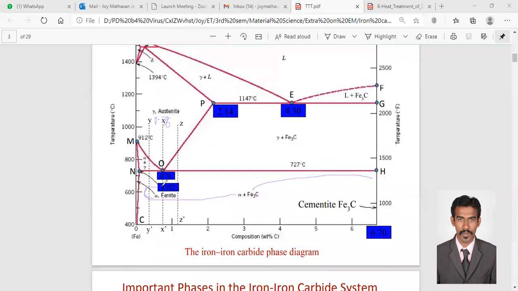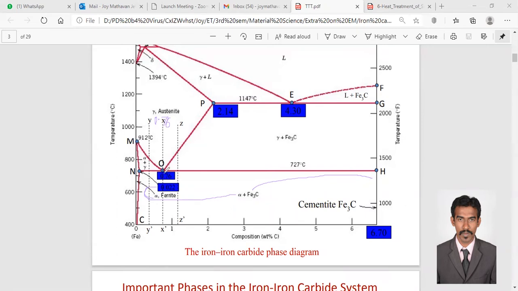So when you cool down from anywhere in this temperature range, you remember the heat treatment. There it was mentioned 700 to 800 degrees C. That is not 700 actually; that must be above 727. Then only it will be in this phase. You can go to any temperature up to here, it doesn't matter. But why should we waste heat energy here?